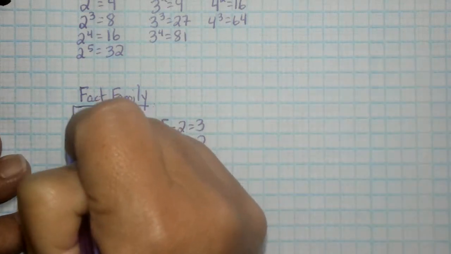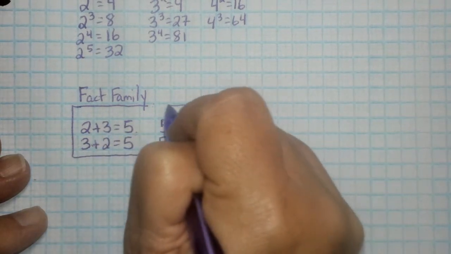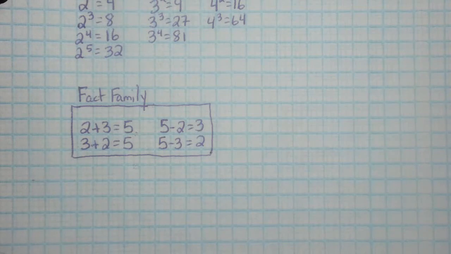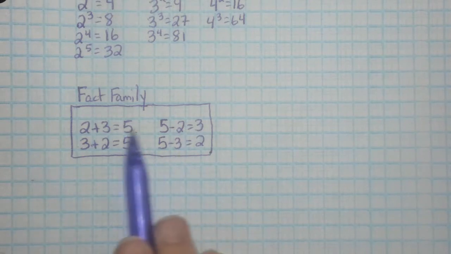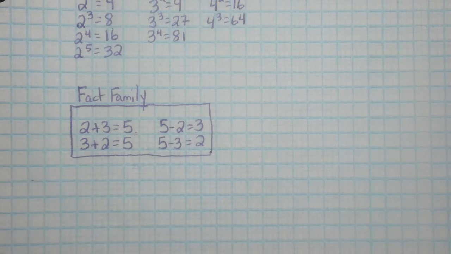And so we say that these mathematical sentences make a fact family because they are related to each other. Okay? Subtraction is the inverse of addition. Addition is the inverse of subtraction. So the same type of relationship happens with exponents and logarithms.